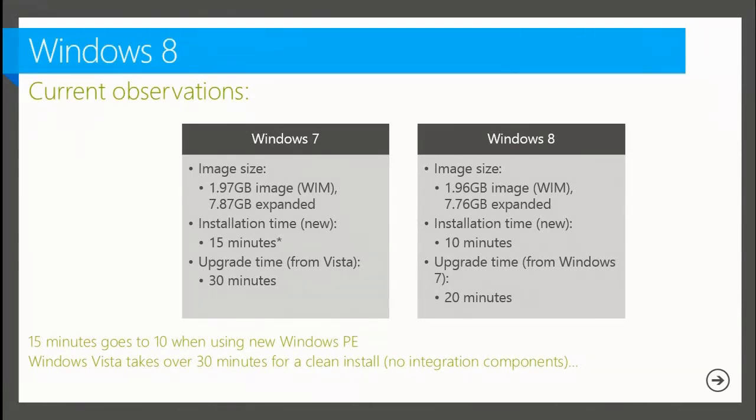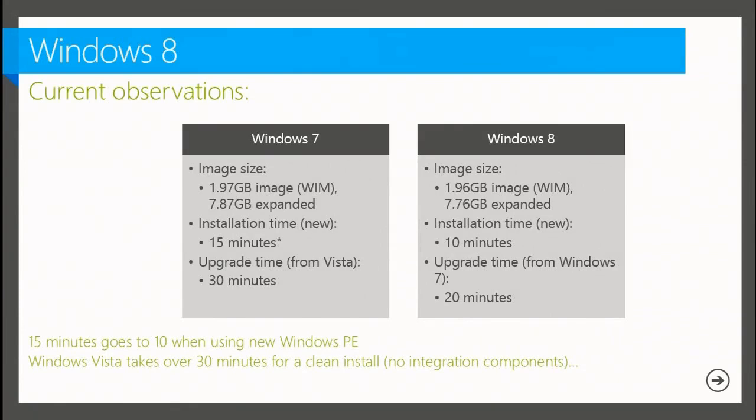It takes about 15 minutes from the time you boot into Windows PE and click the Go button, in the case of MDT, until the time the operating system is fully deployed. If you do the exact same process, exact same hardware, exact same virtual machine with Windows 8, it takes about 10 minutes. So we've managed to shave about 5 minutes off of that end-to-end process time.